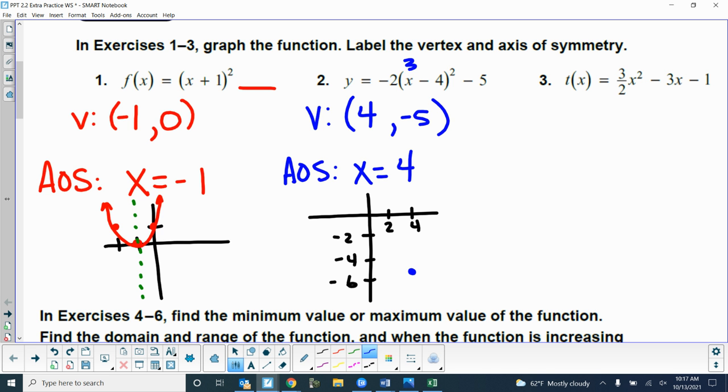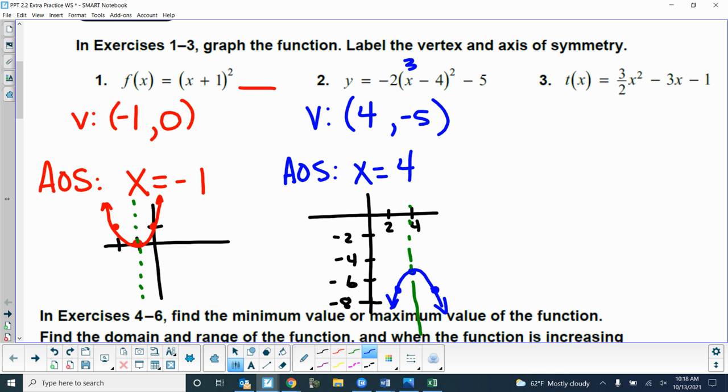So at 3, -7 is about right there. If I draw in my axis of symmetry, then my other point reflected is 5, -7, and it's going down like I want. Does that make sense? Questions?